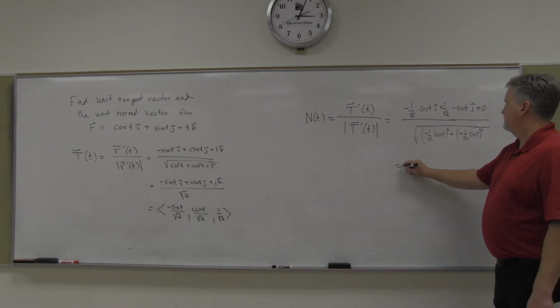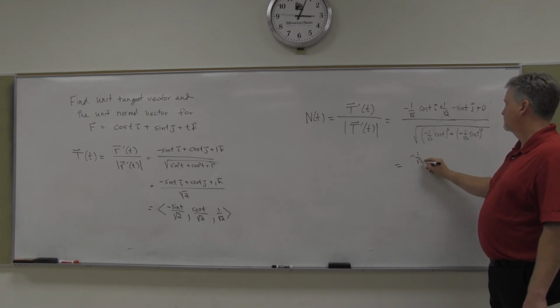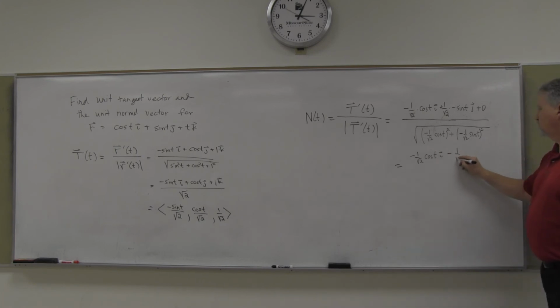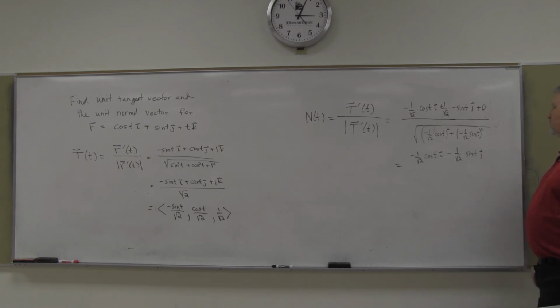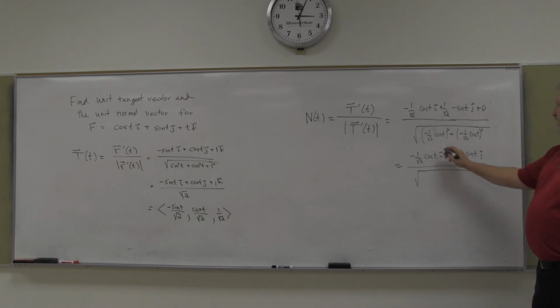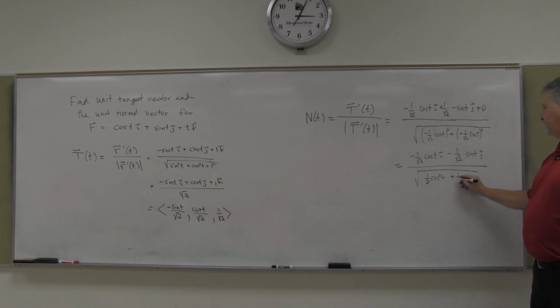See how that cleans up. What does that become? 1/2 cosine squared plus 1/2 sine squared. So that's just going to be the square root of 1/2.